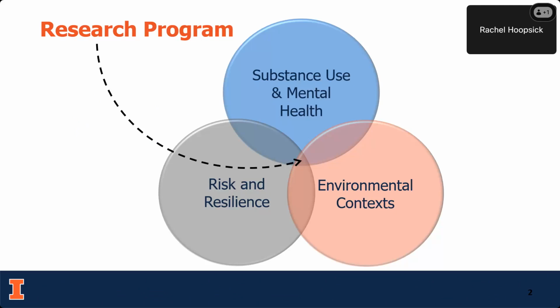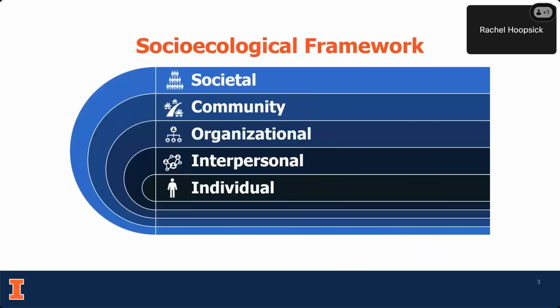So the ultimate goal of my research and what our team does is to inform the development of new and optimization of existing prevention and intervention efforts to improve health among high-risk populations. So I have a particular interest in examining these types of relationships among people with high stress occupations and life circumstances. And as such, much of my work has focused on military connected populations.